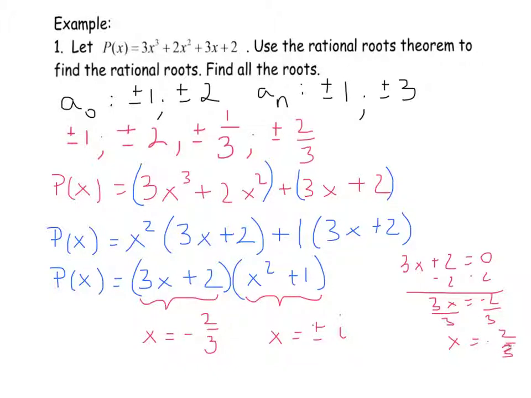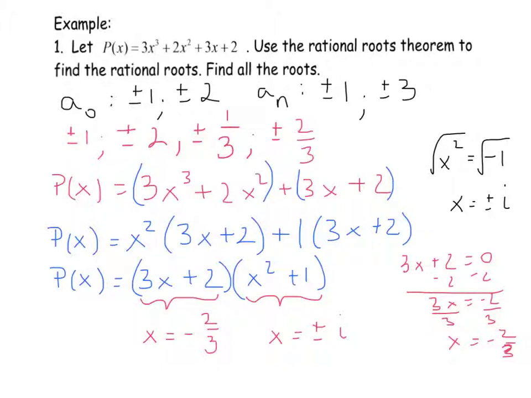For my second one, if x squared plus 1 equals 0, then x squared equals negative 1. If I take the square root of both sides, x will equal plus or minus i. Notice that this one is not a real root. This will be two complex roots.